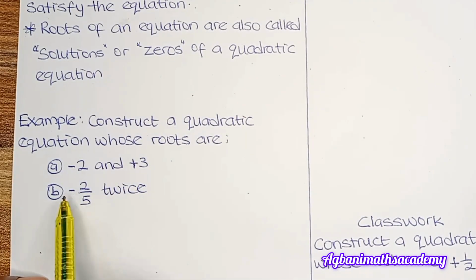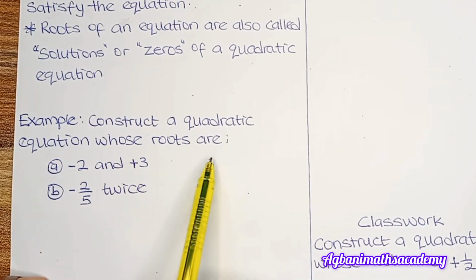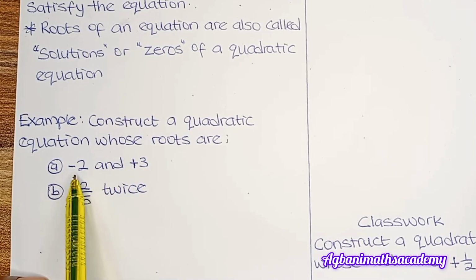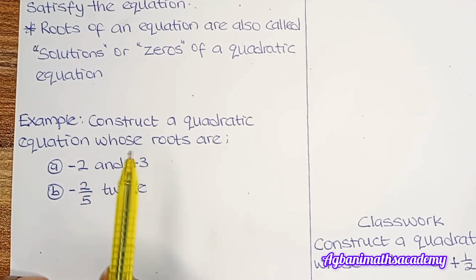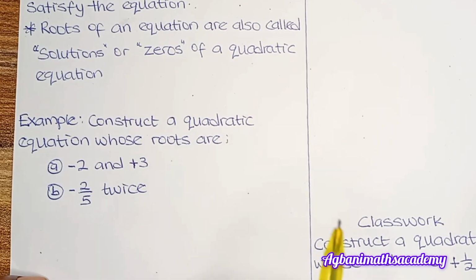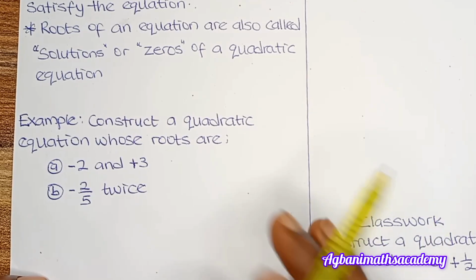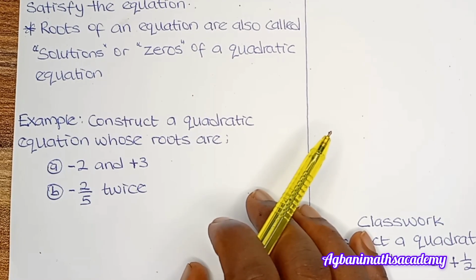Let's look at these questions we have here. We are told to construct a quadratic equation whose roots are, for the first one, -2 and +3. What this means is that the values of the variable are -2 and +3.